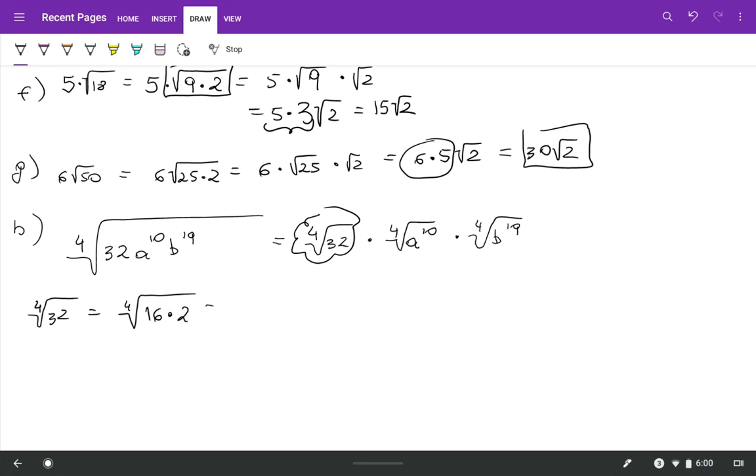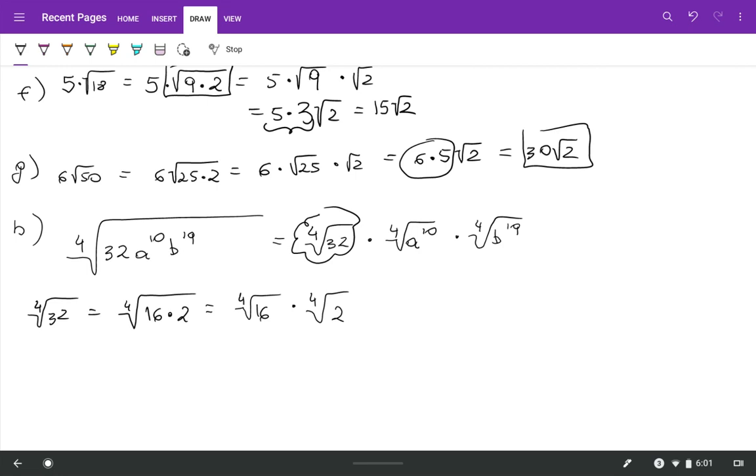So now we have radical of index 4 of 16 times radical of index 4 of 2.